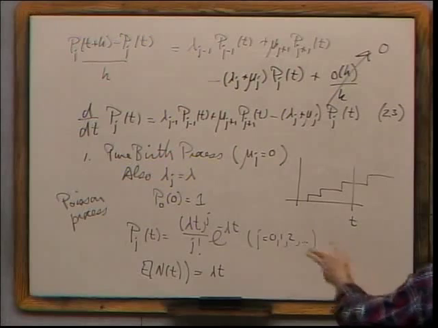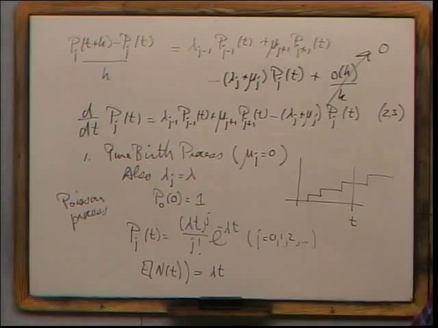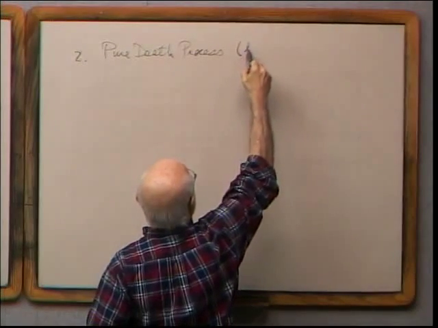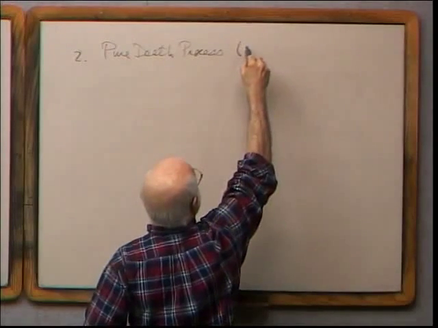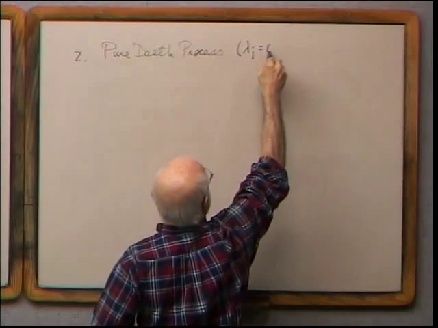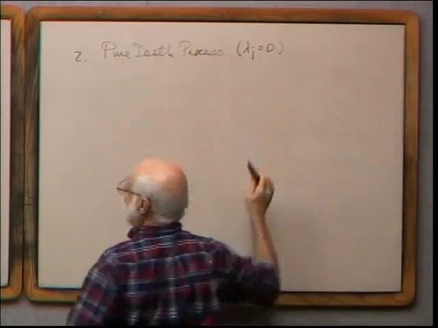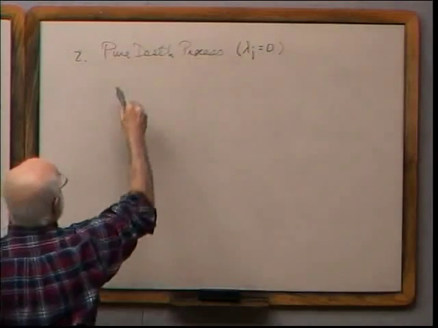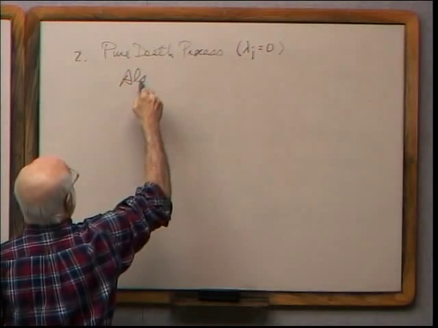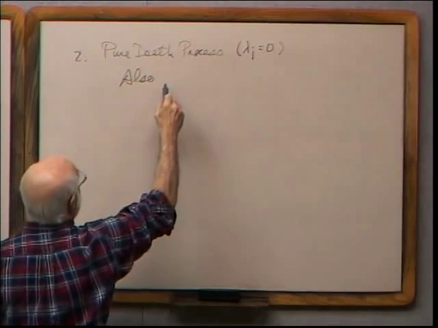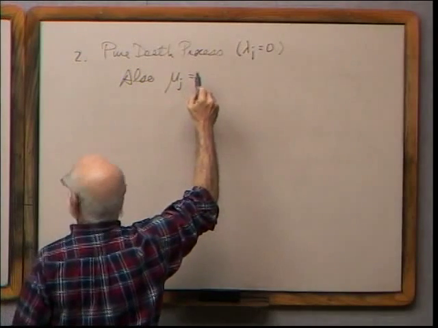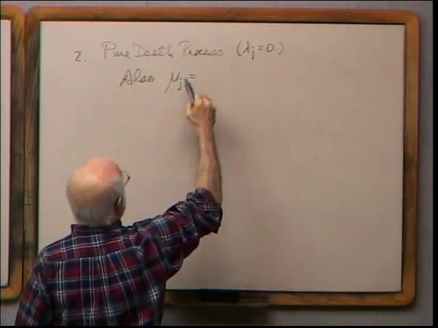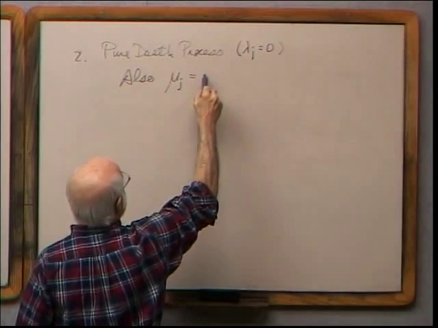Okay, now in a pure death process, we don't allow any births. So the lambdas are all 0. And again, just like over here, I'm going to make an assumption about the way the deaths occur. I'm going to assume that the death coefficients are proportional to the population size. So let's call that j mu.